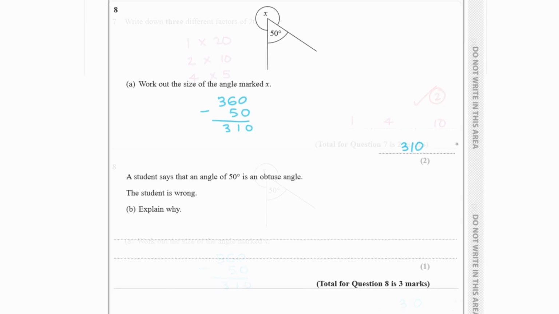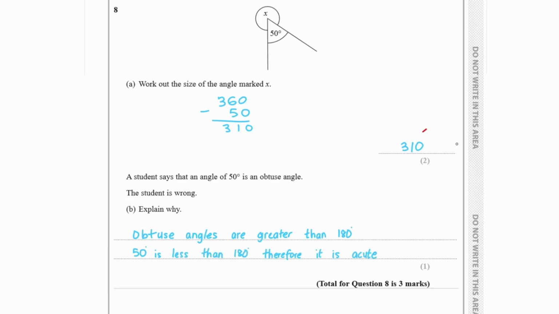A student says that an angle of 50 degrees is an obtuse angle. The student is wrong. Part B, explain why. So for this question, we can say that obtuse angles are greater than 180 degrees. However, 50 degrees is less than 180, and therefore it is an acute angle.